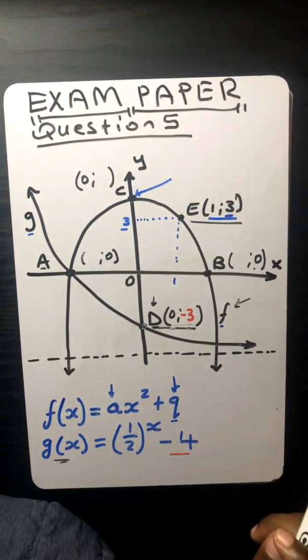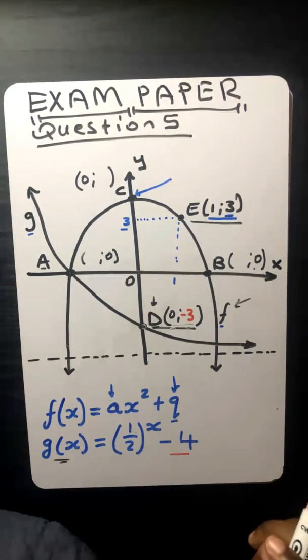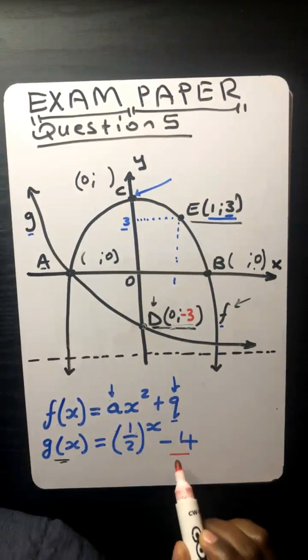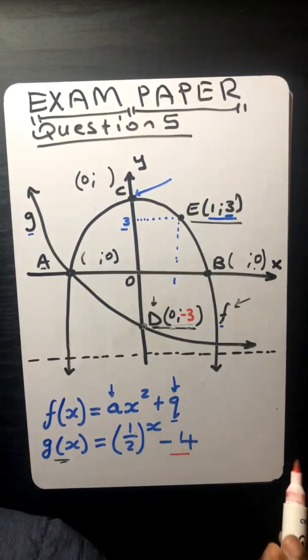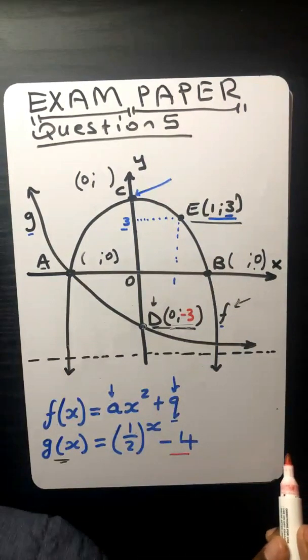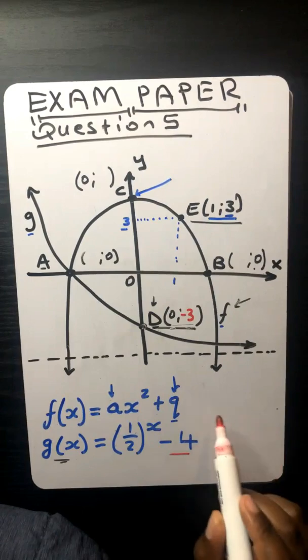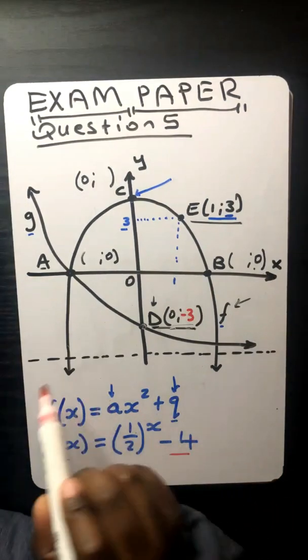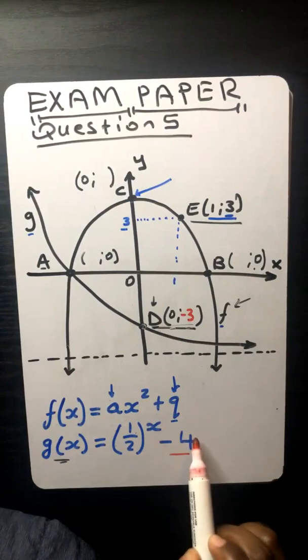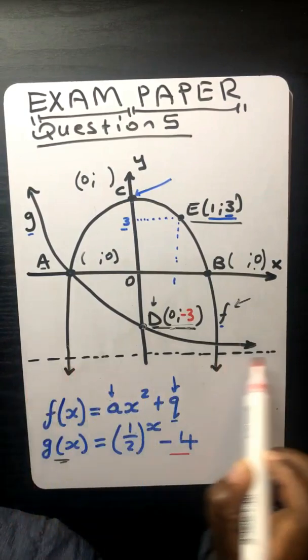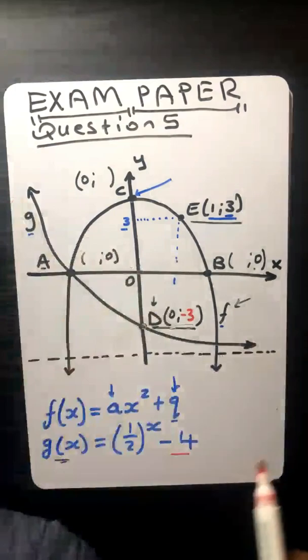Who's speaking? It's Tumelo. Okay, Tumelo, go for it. You are on the right track. So you're saying that -4 is the y asymptote of g of x. 100%. So this -4 is actually the asymptote of that exponential function.